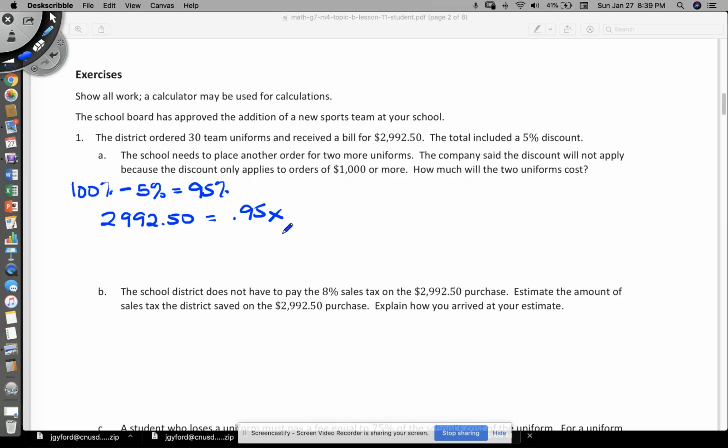So X represents the number of uniforms. So this is basically saying 0.95 times what gives me $2,992.50. So we're going to divide that. Now in your calculators, go ahead and put in 2,992.50 and divide that by 0.95. And your calculator should give you the answer of 3,150. So this is the cost before discount.